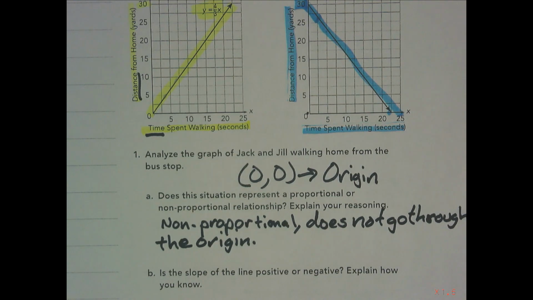But it has an initial value of 30, so the equation will look different, as you guys will find out. So it's not a constant proportional relationship because we have to add 30.